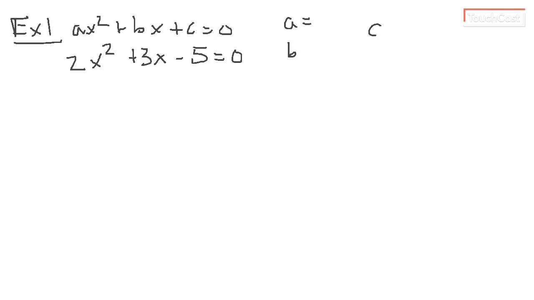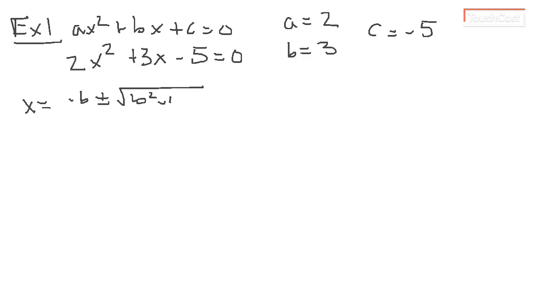Well, in this case, a is equal to 2, b is equal to 3, and c is equal to, since it's minus 5, c is negative 5. So I'm going to just use my formula. x equals negative b plus or minus the square root of b squared minus 4ac, all divided by 2a.